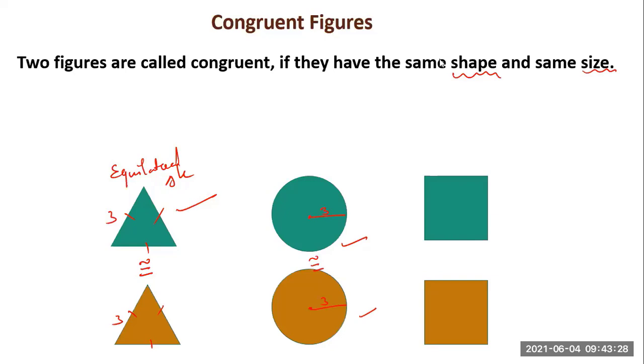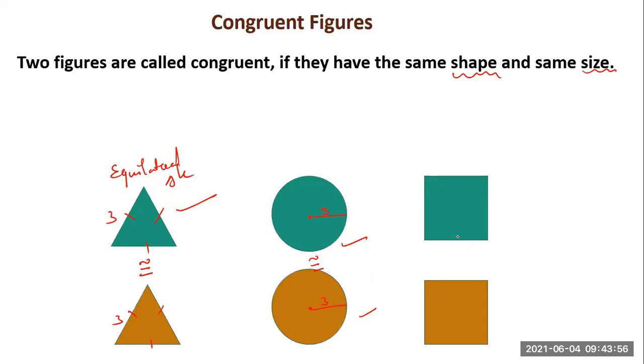Then similarly, squares. Two squares are congruent when they have the same length of the sides, correct?